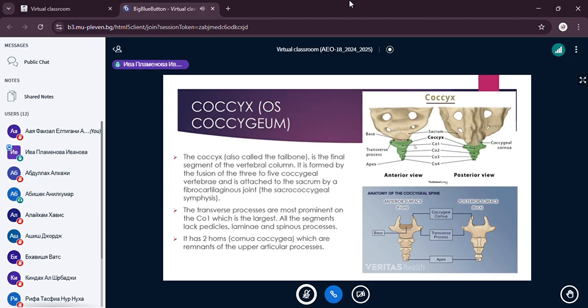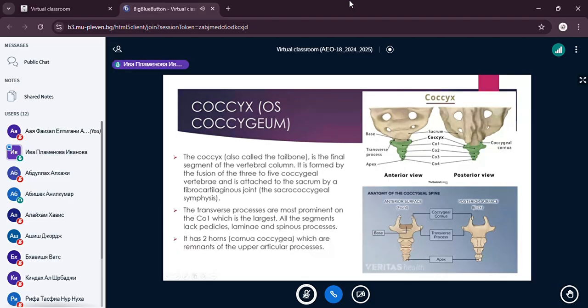So here we have 4 coccygeal vertebrae. They may be 3, 4, 5. It's different. Here we have transverse processes on CO1. That's the apex. Here we can see the 2 horns from the CO1.